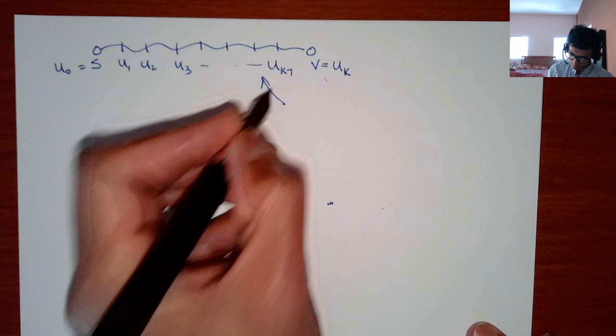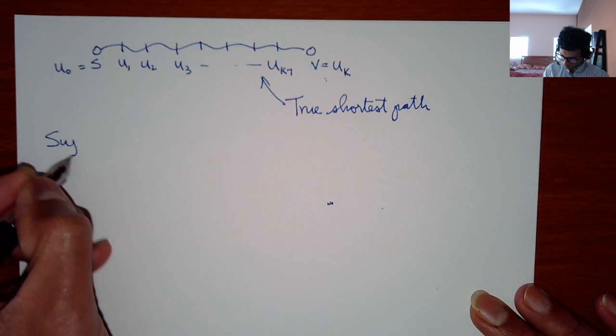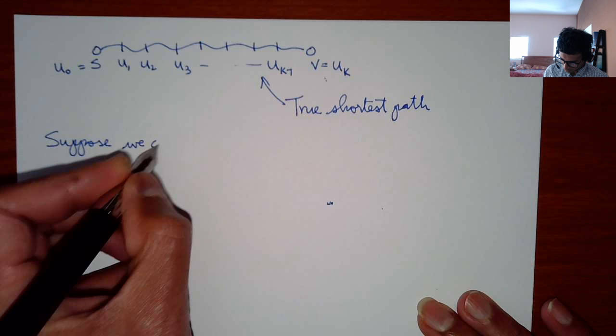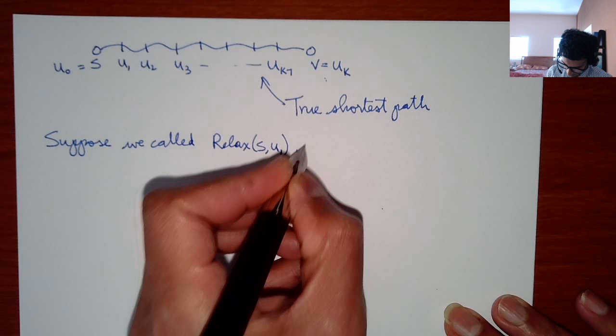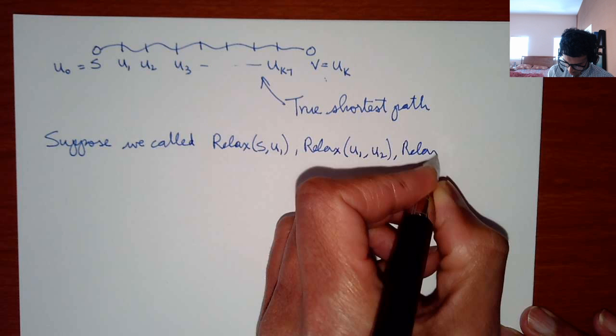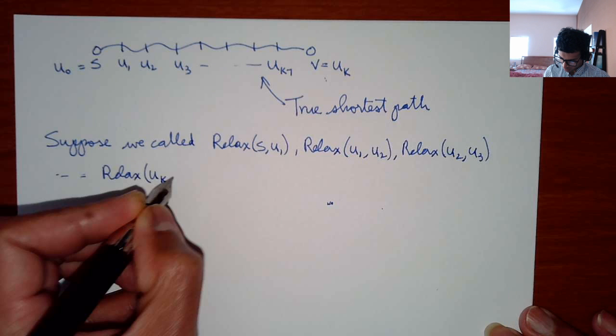Now suppose, and this is sort of related to what was suggested in the comment a while back, suppose we called relax S U1, relax U1 U2, relax U2 U3, and so on and so forth, until we got to relax UK minus 1 V. Suppose we called these relax operations in this order.